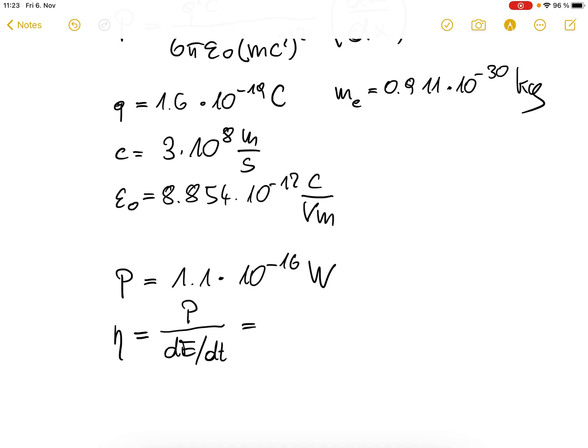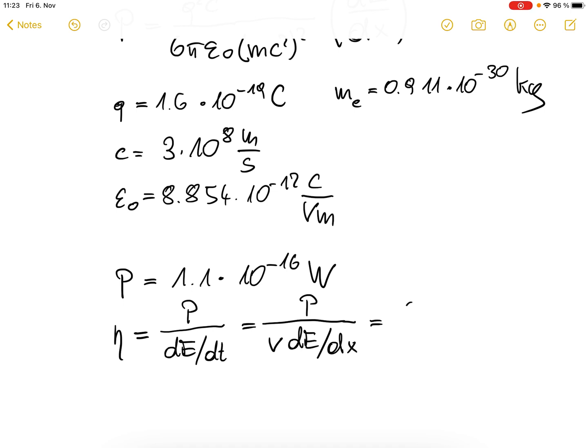We can compute this by replacing the derivative in the denominator by V times dE over dx, where the dE over dx is our 25 MeV per meter.